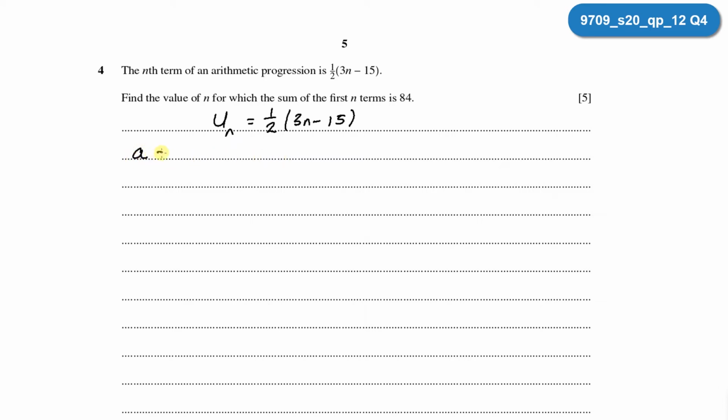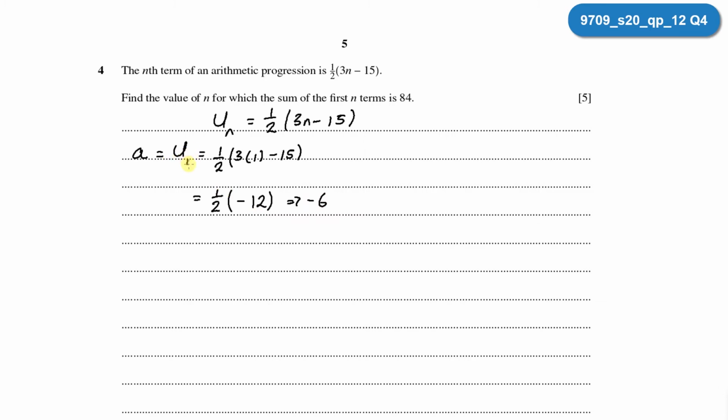The first term is u1, and that will be half of 3 times 1 minus 15, which is half of 3 minus 15, and that's minus 12. And this gives us minus 6.